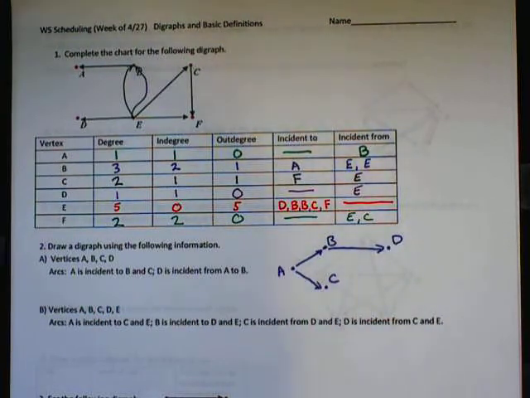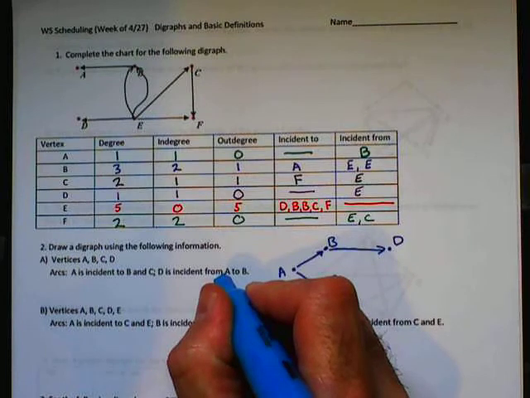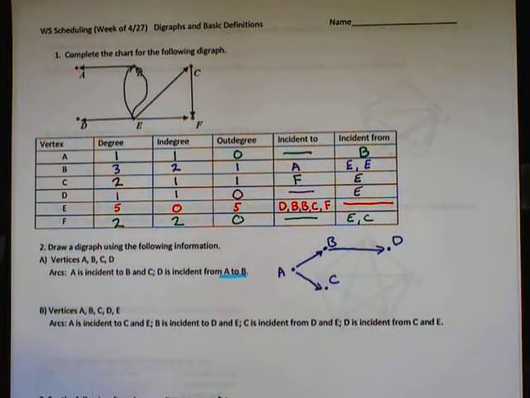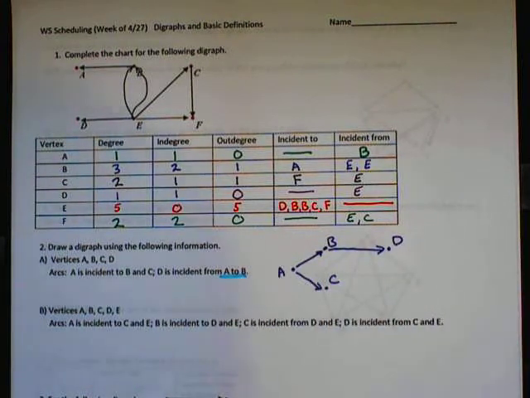That's it. So again, I would say that this part is probably one of the more confusing ones. Remember, if it's incident from A to B, then it's really incident from B. So D is incident from B. Good, we got it represented.